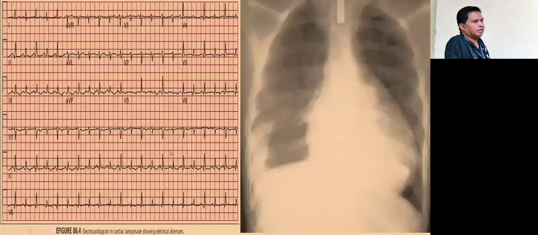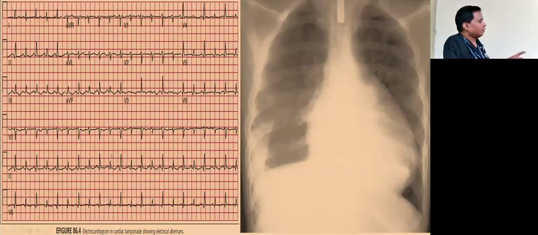In cardiac tamponade, the classical pattern we see, in pericardial effusion, is low voltage complexes because of the fluid. So low voltage complexes, and then there is QRS alternans. Here we are seeing this QRS, and this is a normal QRS, so there is an alternans. QRS alternans is not pathognomonic of cardiac tamponade.